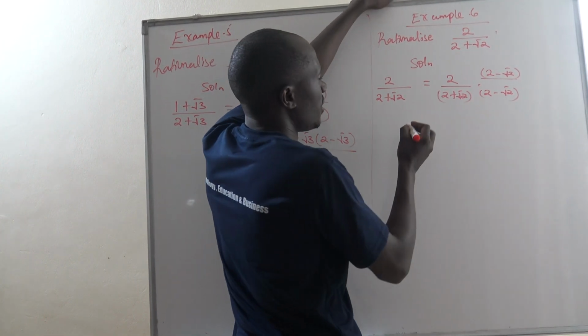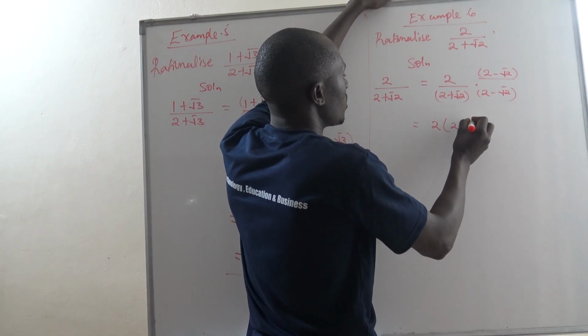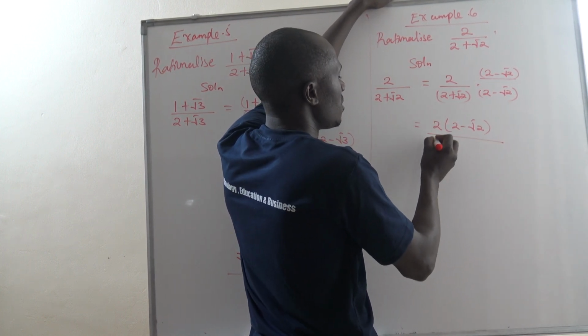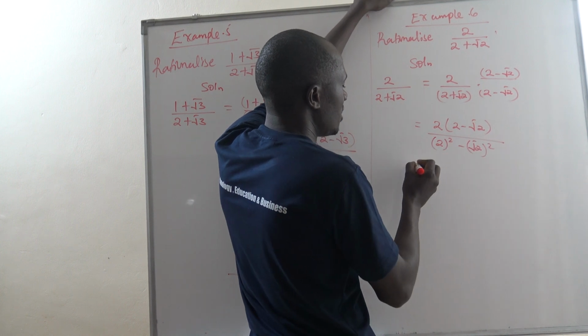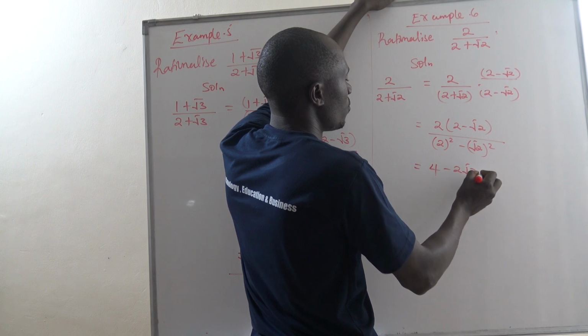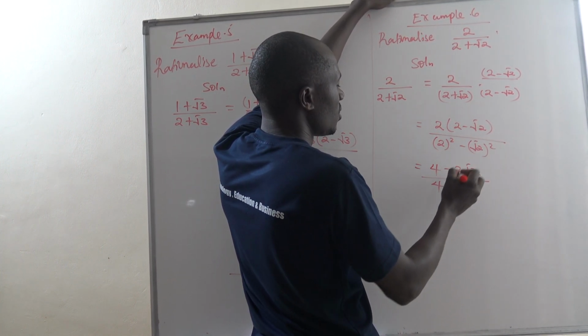Then we are free now to open up the brackets. This will be 2 into (2 minus root 2) all over, this one is the difference of 2 squares, 2 squared minus root 2 squared. 2 times 2 you are getting 4, minus 2 root 2. Very good. All over, what is 2 squared? You are getting 4 minus 2.